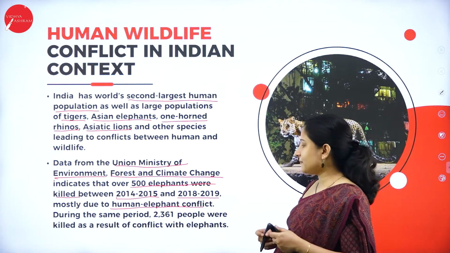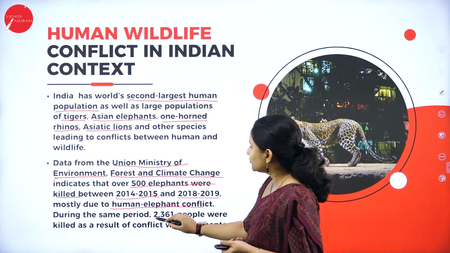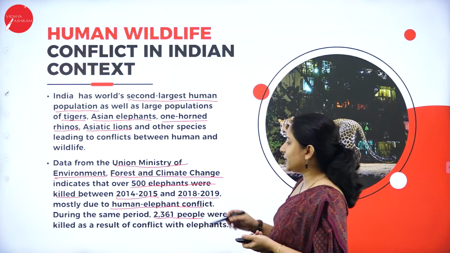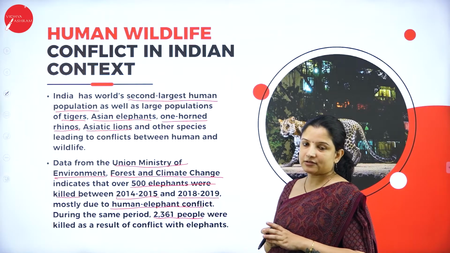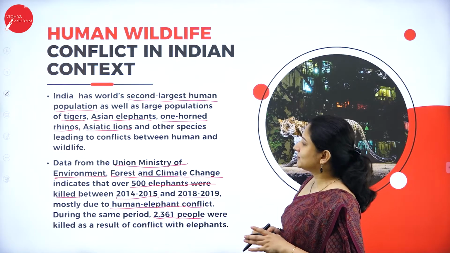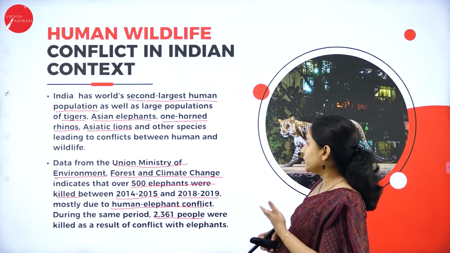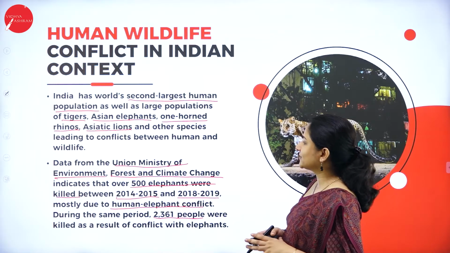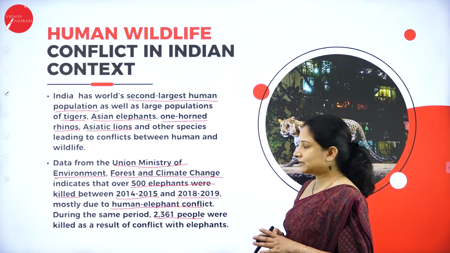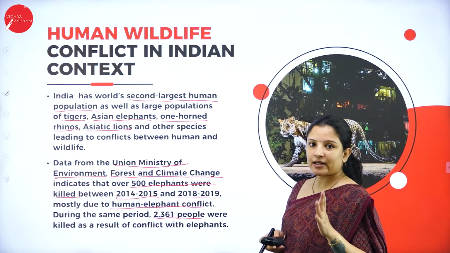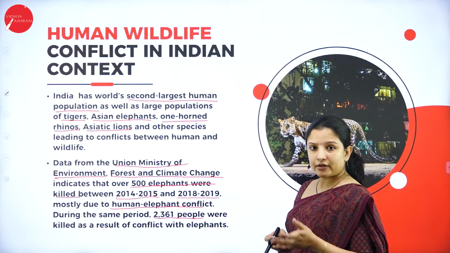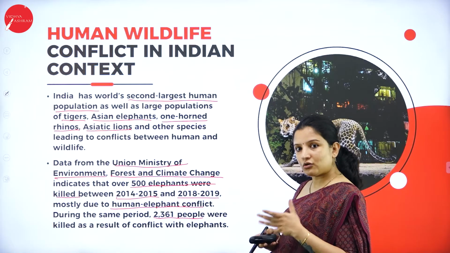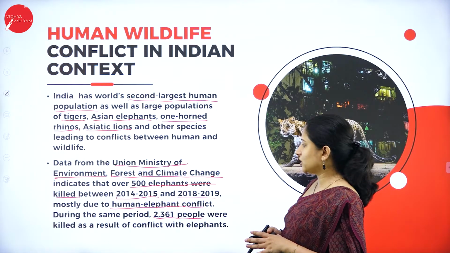And during the same period, 2,361 people were killed because of conflict with elephants. So that is what the data collected by the Union Ministry of Environment, Forest and Climate Change states.